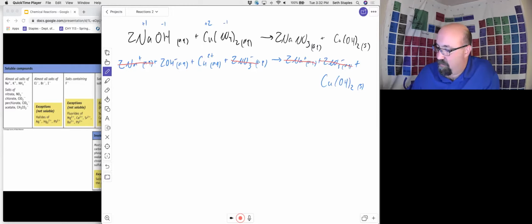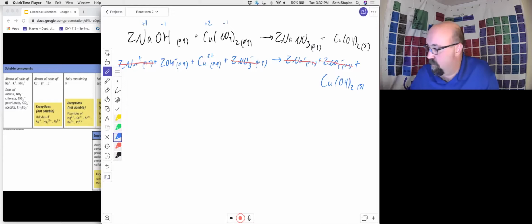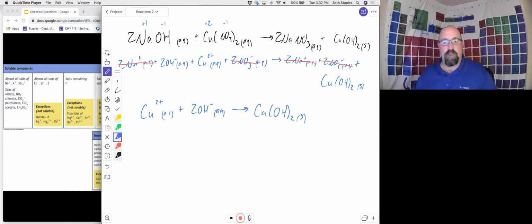The only things that remain, and typically we write in the order of our positive ion first, but either way, is Cu2 plus aqueous plus 2 OH minus aqueous forms CuOH2 solid. And there's our net ionic equation for this reaction.